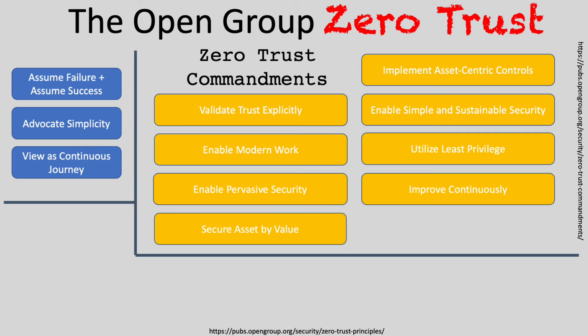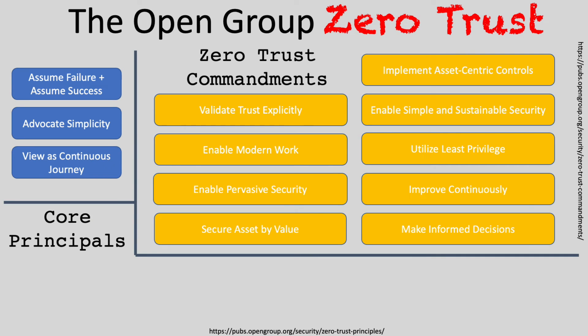As we move along on this journey, we want to continuously make things better. The final commandment is make informed decisions. To make informed decisions, we look at telemetry, data, and metrics, everything we're collecting from logging and monitoring.